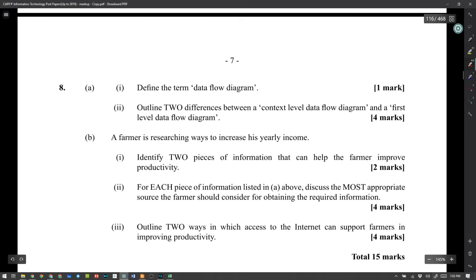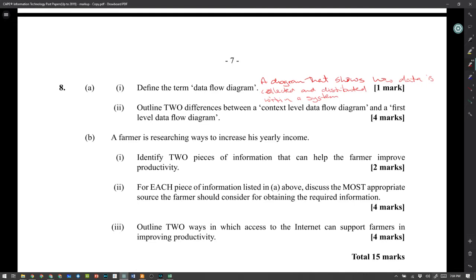Define the term data flow diagram. A diagram that shows how data is collected and distributed within a system. Outline two differences between context level data flow diagram and first level data flow diagram.